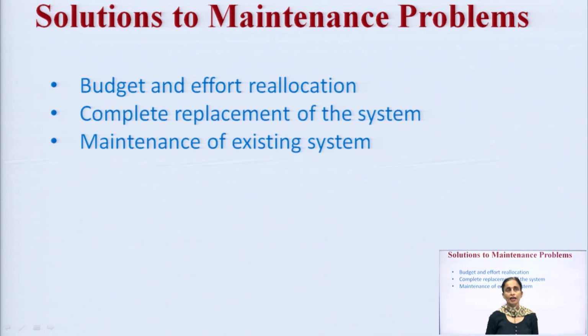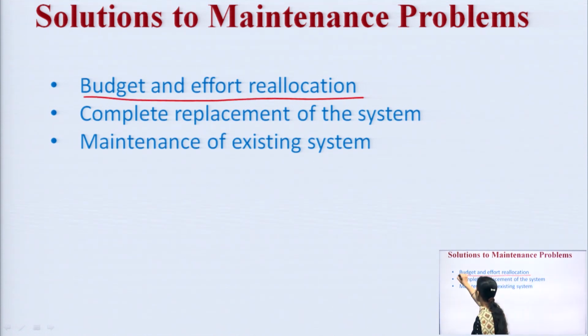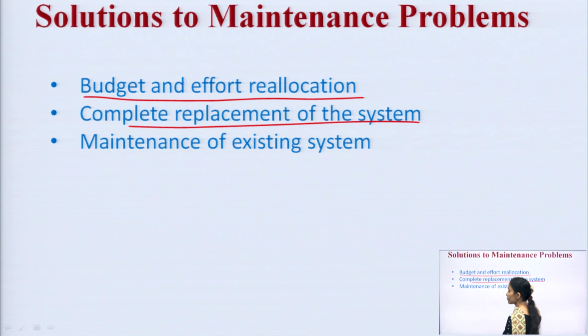Then what are the solutions to these maintenance problems? The first and foremost solution is to reallocate the budget and effort, because now we are doing error correction. We are changing our software as per the changing user needs, that is I am reallocating my budget, my effort and time. Then the second solution is complete replacement of the system.